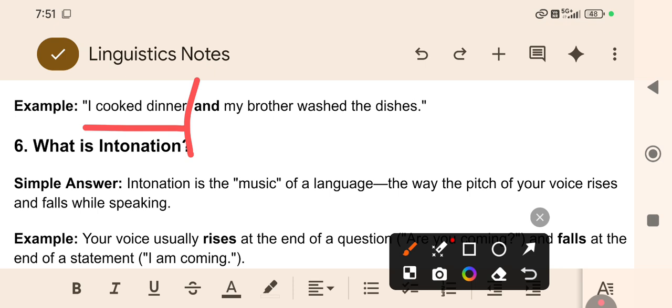And the third variety is correlative conjunction, which joins two parts of speech. For example, she is interested not only in writing but also in reading, right?